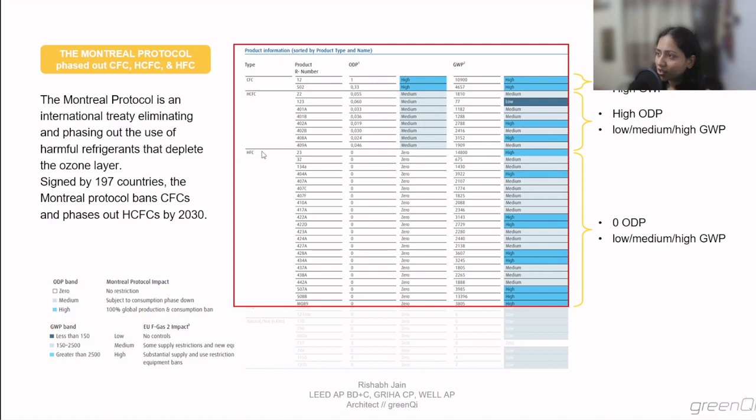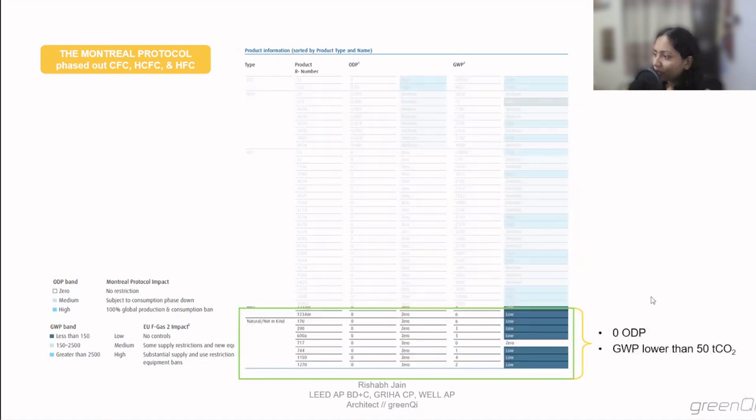In HFC, the ODP content is 0, but the global warming potential is still high. We are able to replace all the HCFC and CFC based refrigerants, but we are still trying to phase out other refrigerants which have a lower GWP as well. If you look at the natural ones, this one has a 0 ODP and also a global warming potential of less than 50 tons CO2. So these are the preferred ones in terms of the refrigerant management of our systems.